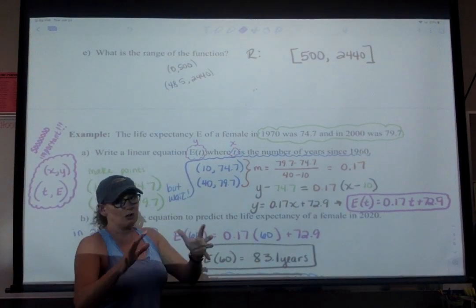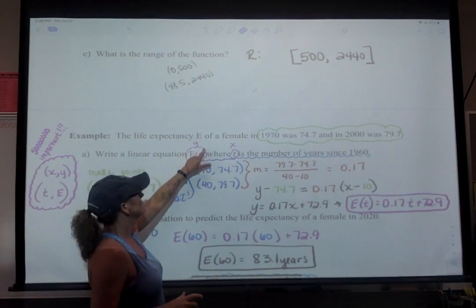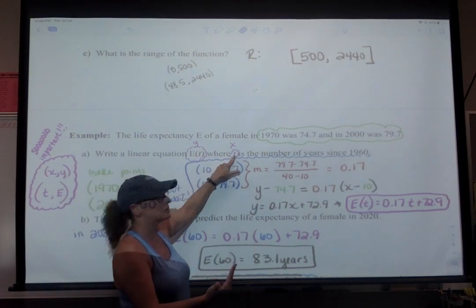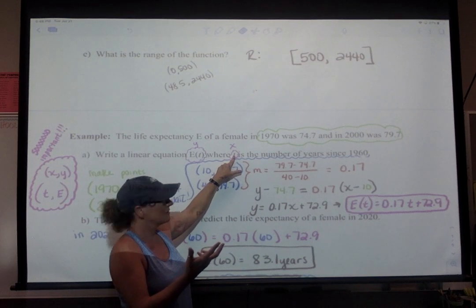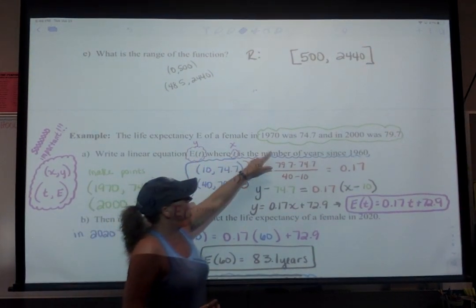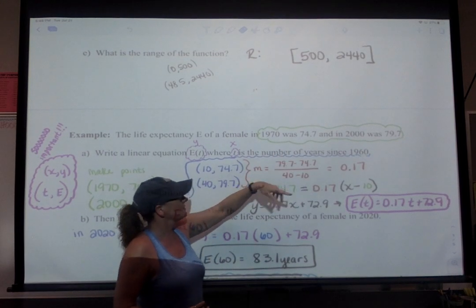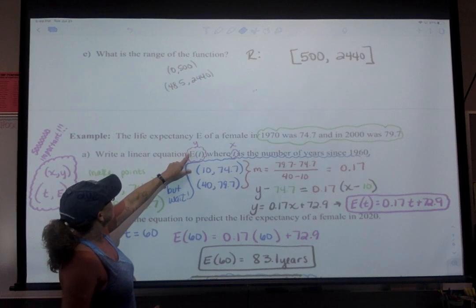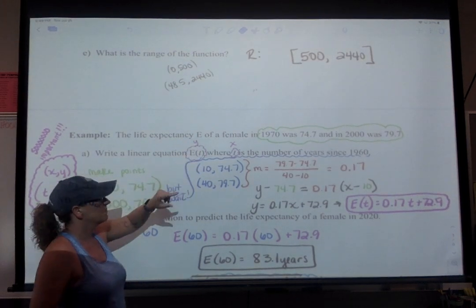So, you all know that you can do this. This is what your y looks like in function notation. So this must be kind of like my x. All right? And it says x is the number of years since 1960, and E is life expectancy.